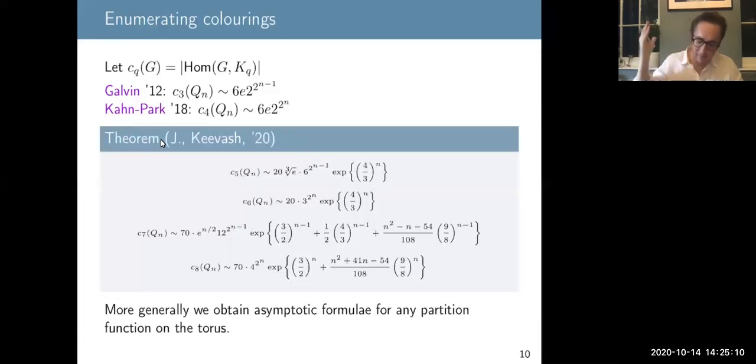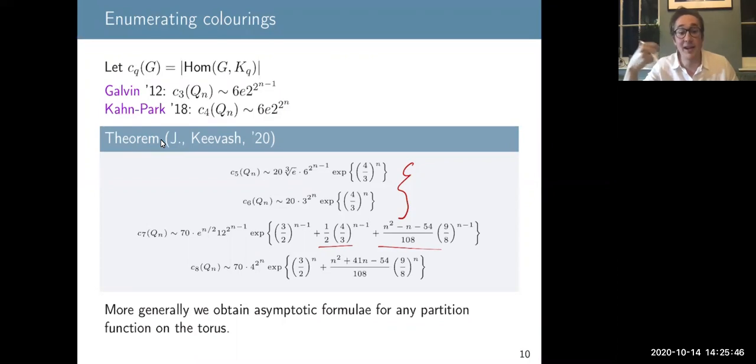And here are just some fun formulae that fall out of our work. We can get asymptotic formulae for C_Q for any Q, and here are some examples. These two confirm a conjecture of Kahn and Park. But what's interesting here is we can interpret each of these terms as understanding higher and higher cumulants of this perturbation distribution on the defect vertices, the distribution of defect vertices.